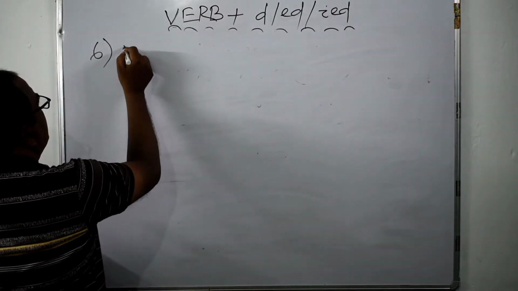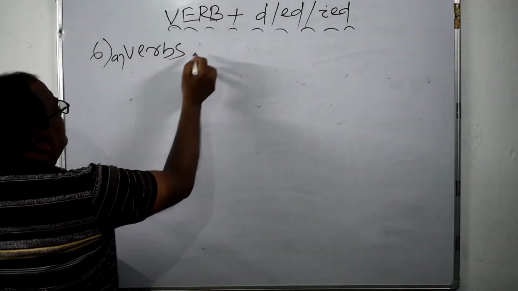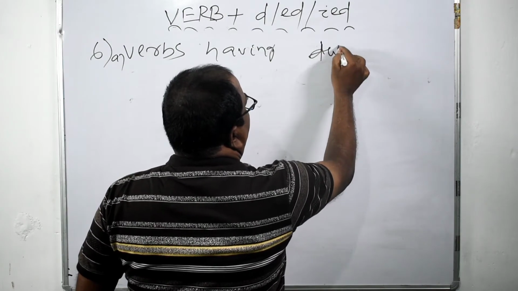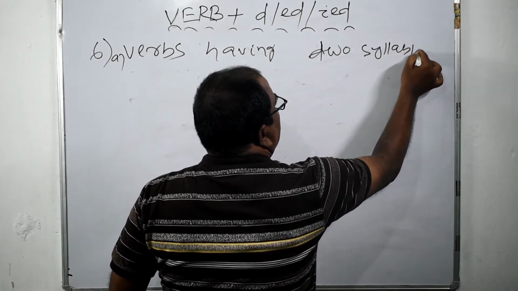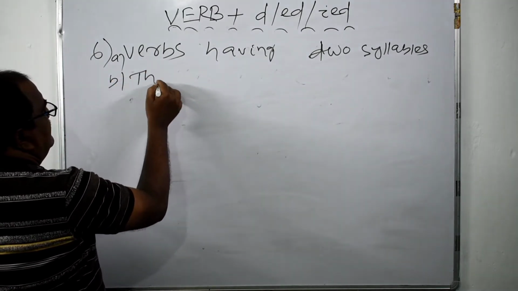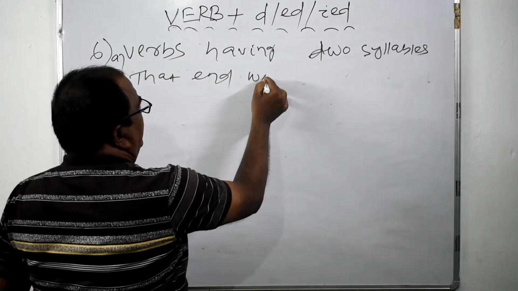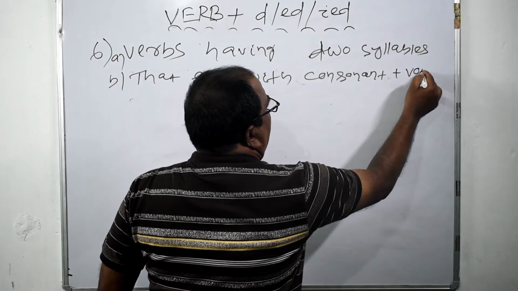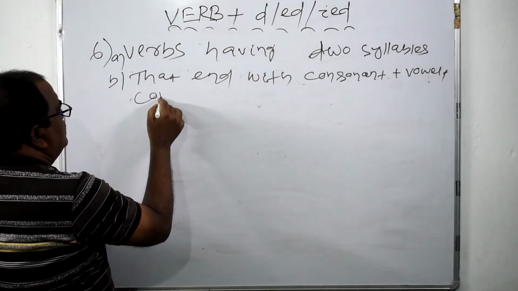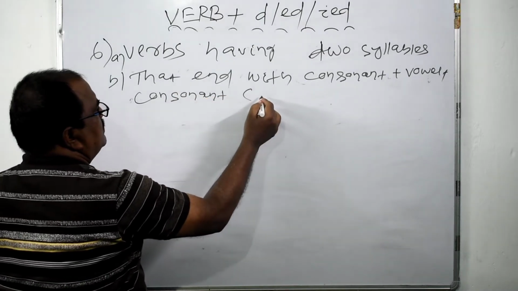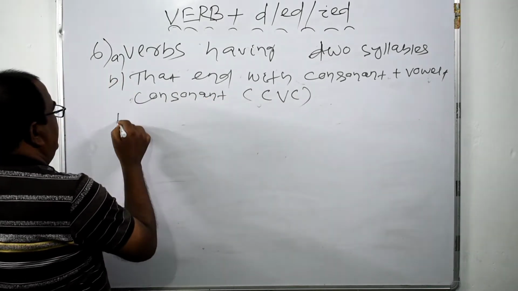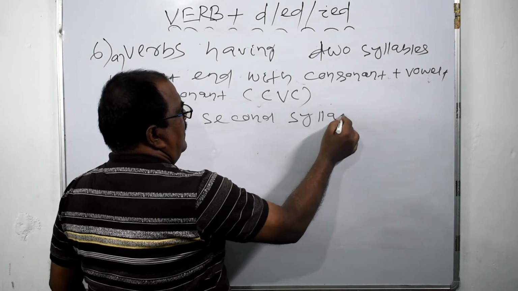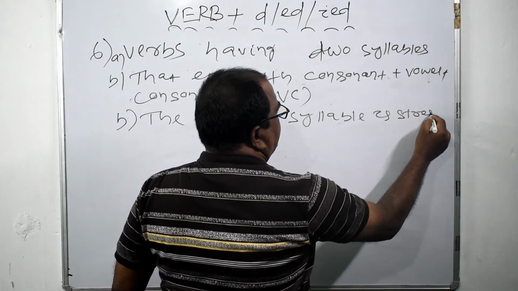Rule number 6. Verbs having two syllables that end with consonant plus vowel plus consonant, which is known as CVC, and the second syllable is stressed.